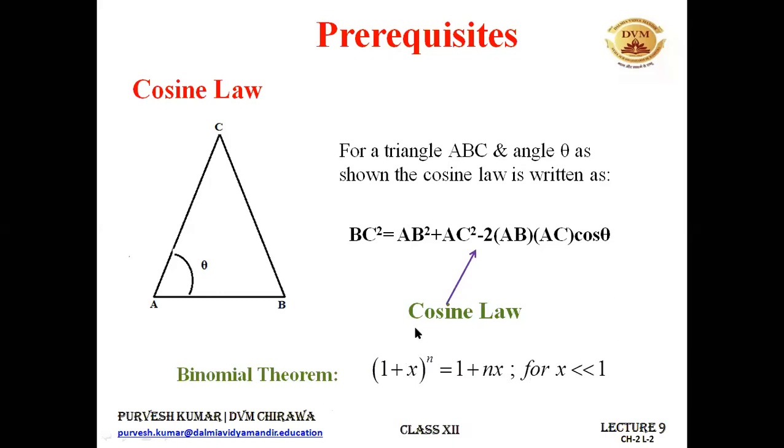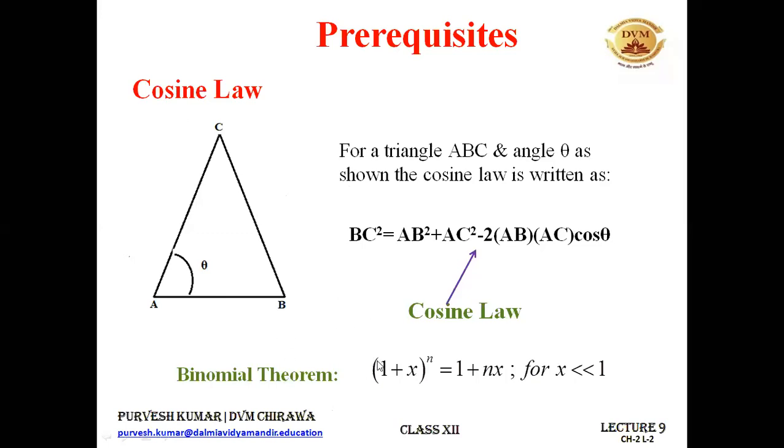I have told you about this binomial theorem in class 11th as well. So we will be using this binomial theorem in the derivation to come. So these two laws you should keep in mind. Please write it in your notebook so that when we'll be using it, you can easily have a reference from your notebook and you won't be lost about what has been going on in the derivation.